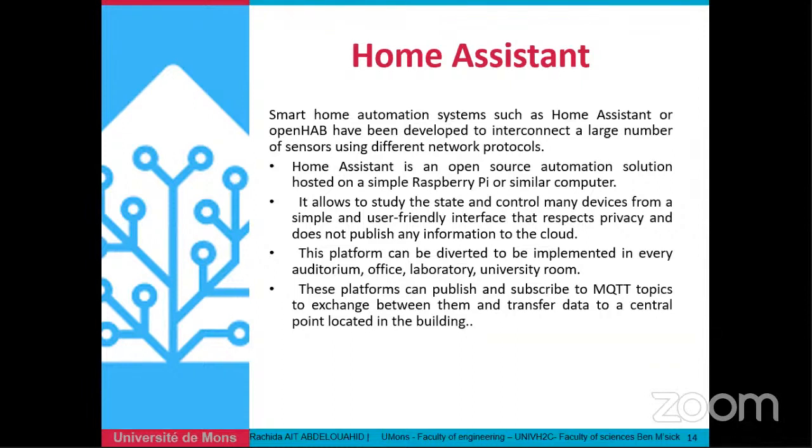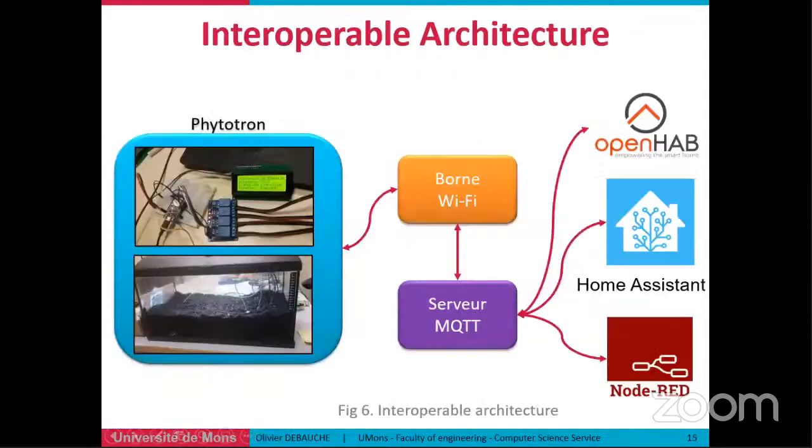It allows us to study the state and control many devices from a simple and user-friendly interface that respects privacy and does not publish any information to the cloud. This platform can be deployed in every auditorium, office, laboratory, university room, etc. It can publish and subscribe to MQTT topics to exchange between them and transfer data to the central point located in our building.